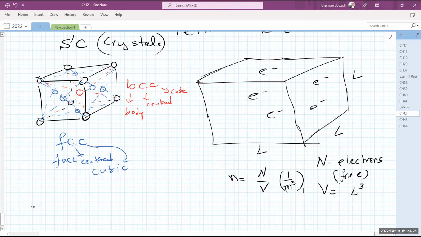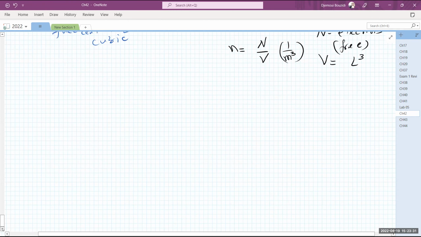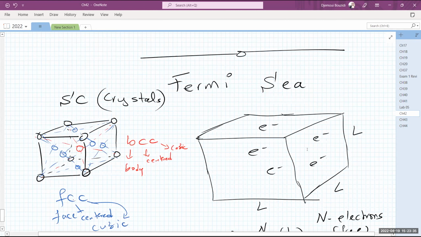Okay, so let's imagine, since they are free, that we have the same problem that we did a long time ago, and that is the problem of a free particle inside a box.